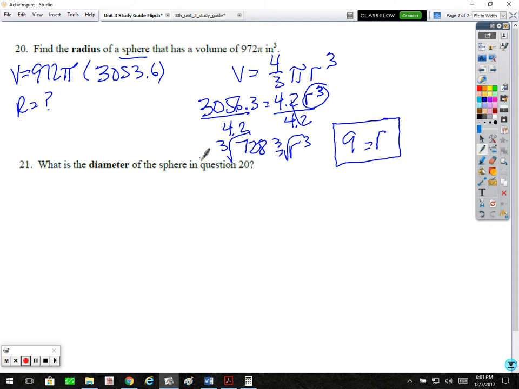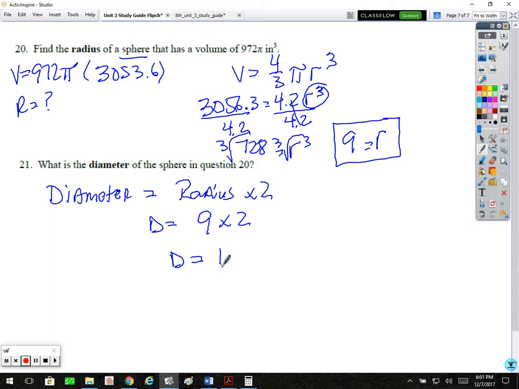Now the diameter of the sphere for this one, if I know the radius is 9, remember diameter equals radius times 2. The radius is twice as small, so the diameter is twice as big, right? So diameter equals 9 times 2. So that means the diameter for this sphere would be 18.